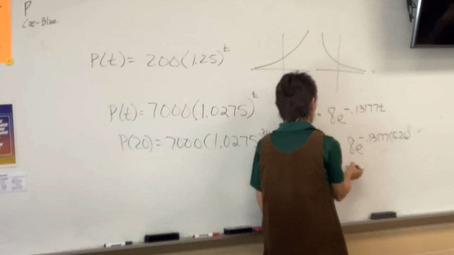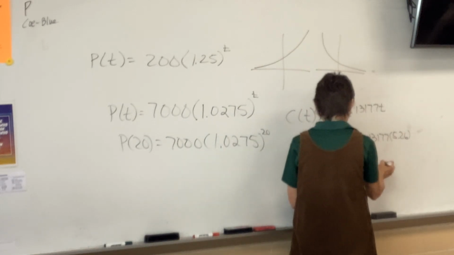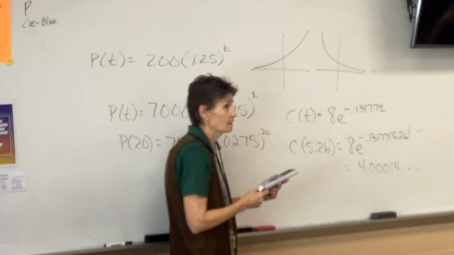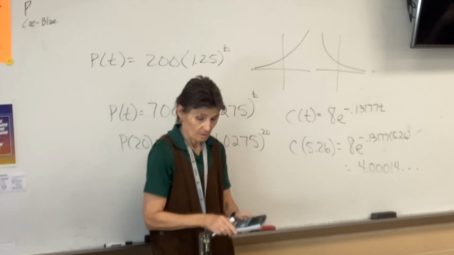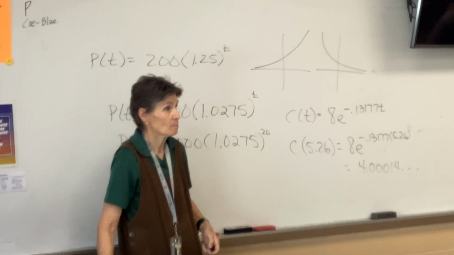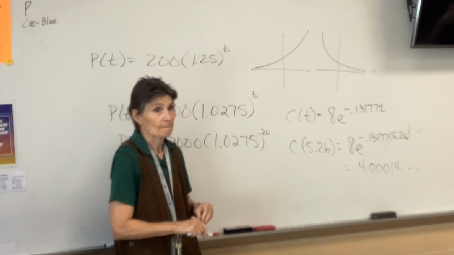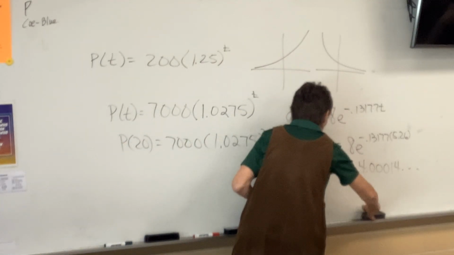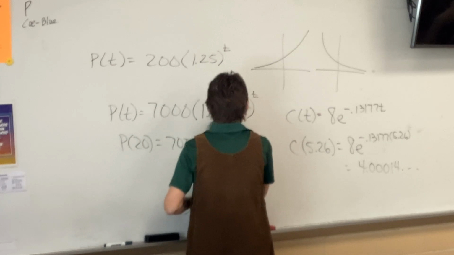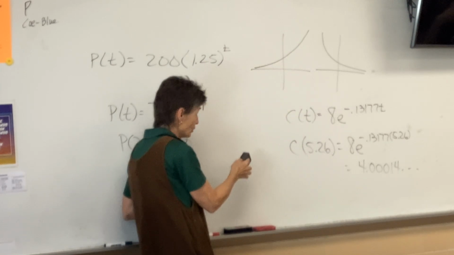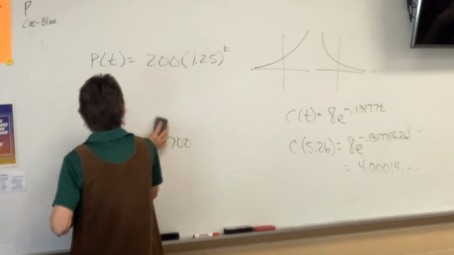Wow. I got that. So would you say 5.26 is a good estimate of the half-life? Yeah, it truly is. Now I do want to do this problem, so before I go any further, everybody okay with that strategy? That's a good strategy, great strategy.